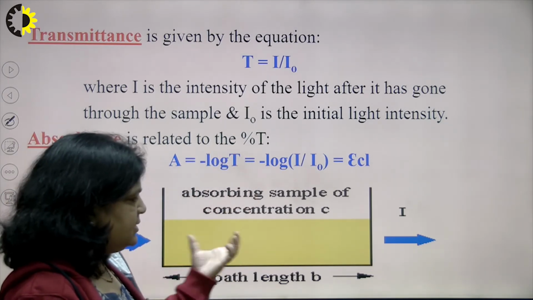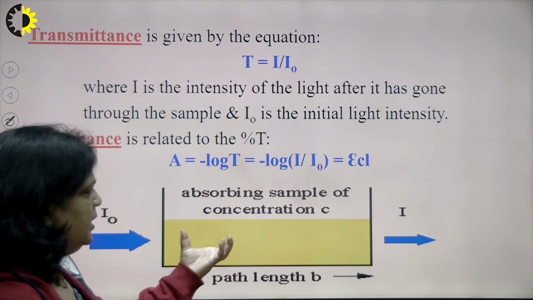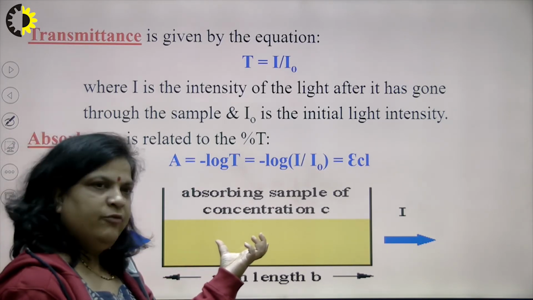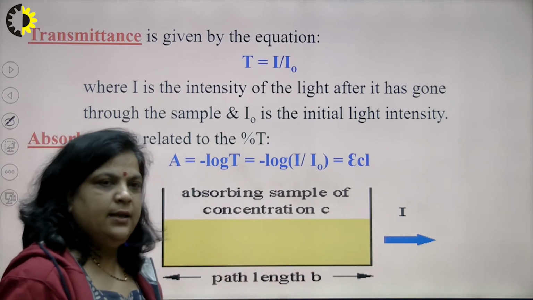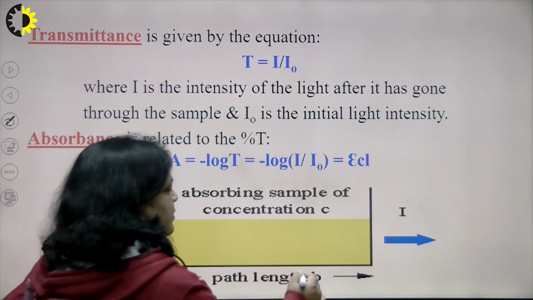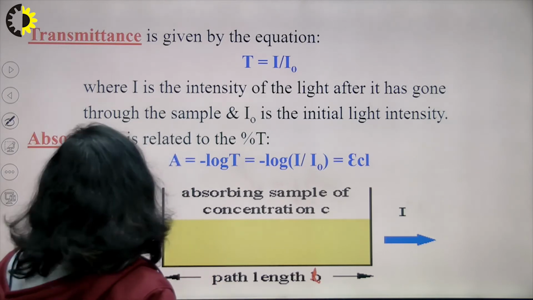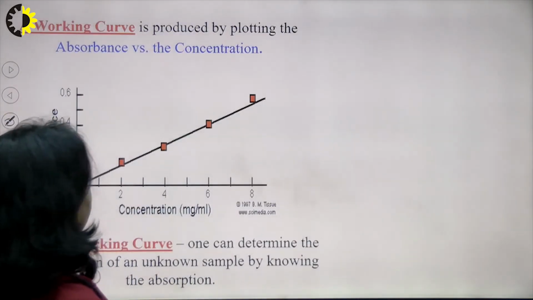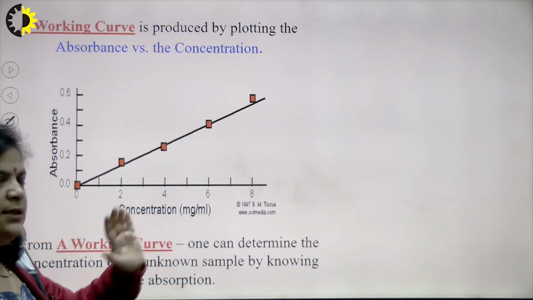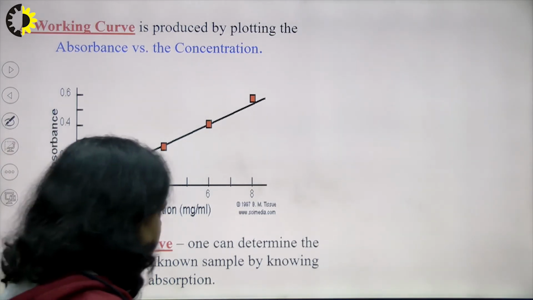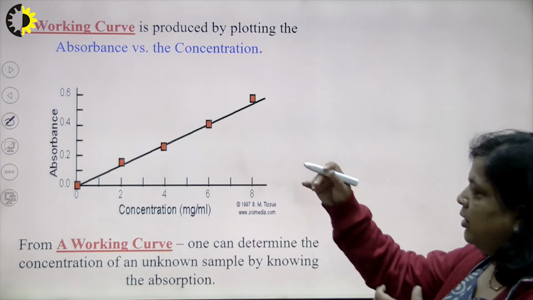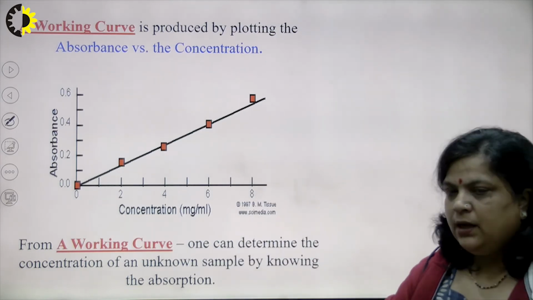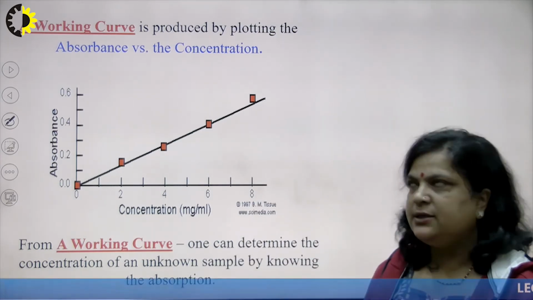And here this is the simple representation. Here we take an absorbing sample of concentration C, initial intensity I naught, and after passing I, and path length is L. This is the simple presentation of the curve, or we can say verification of Beer-Lambert's law.